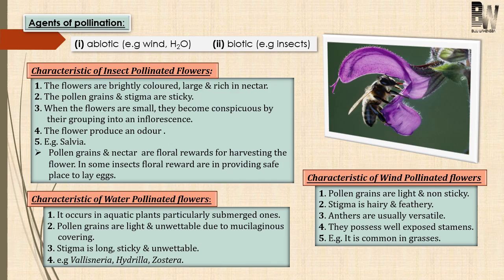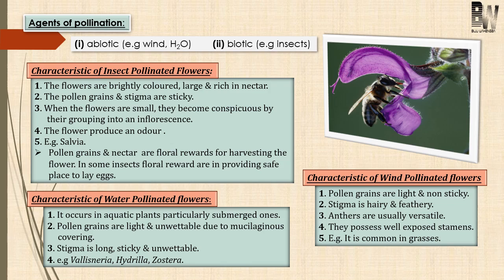The flowers are large. And if the flowers are small, then they will group together to form an inflorescence so that the insect can be easily attracted. They should be rich in nectar, and they also produce what? A distinct smell which may be pleasant or unpleasant. In addition to this, the pollen grain and stigma are also sticky. So these are some of the important features of flowers which are pollinated by insects.